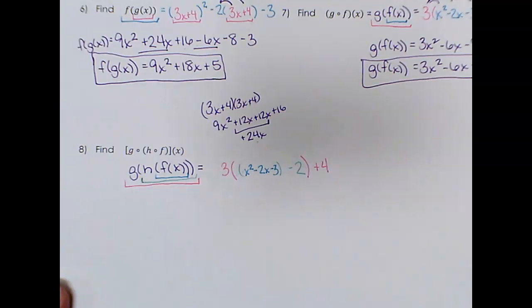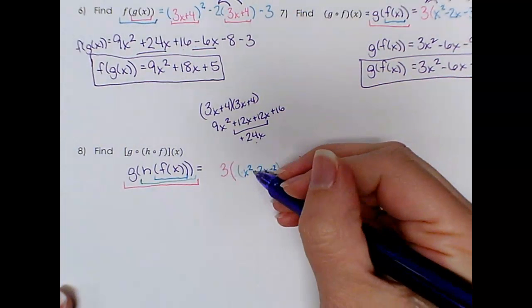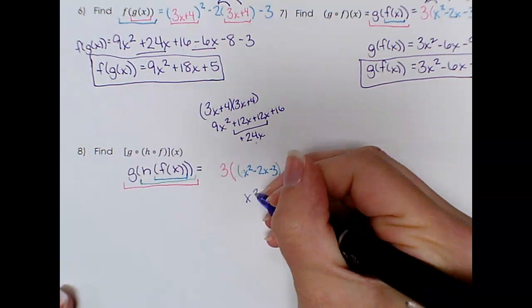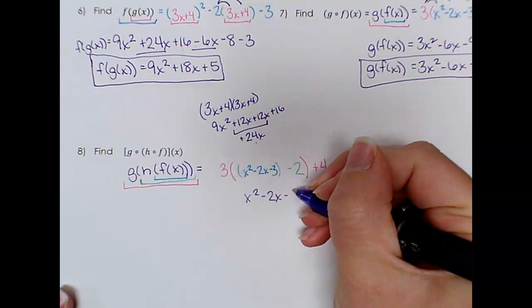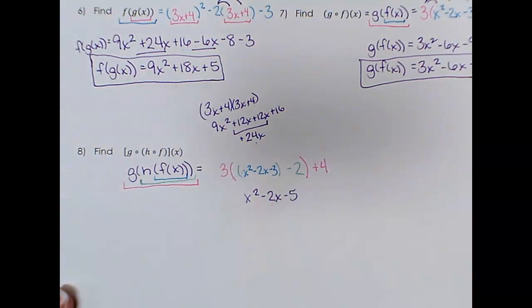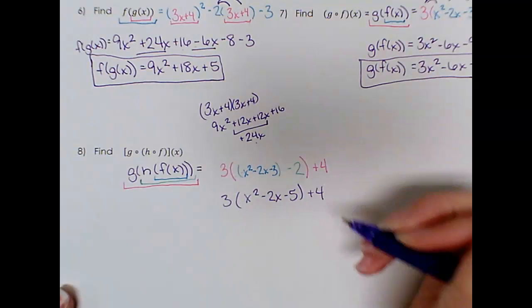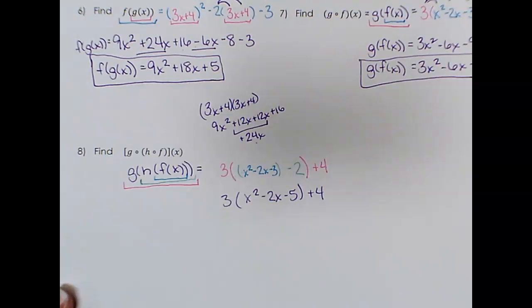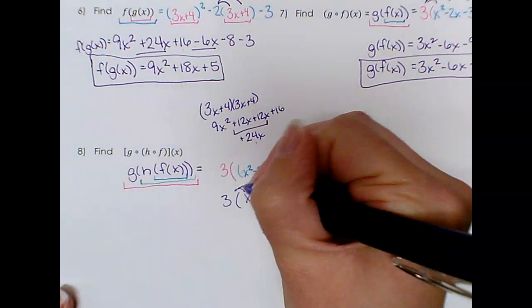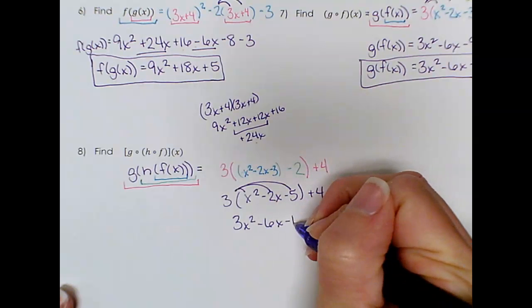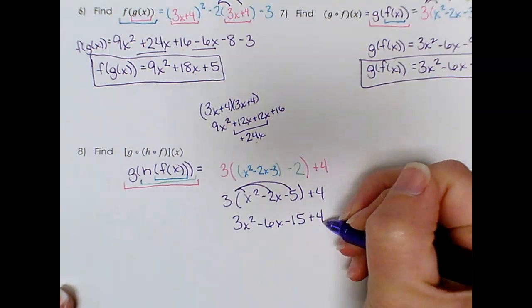So I'm going to use PEMDAS to evaluate this. Inside, x squared minus 2x minus 3 minus 2 is really x squared minus 2x minus 5, because these two together make minus 5. Next step is to distribute the 3 to each term here. So we have 3x squared minus 6x minus 15, and we have the plus 4.